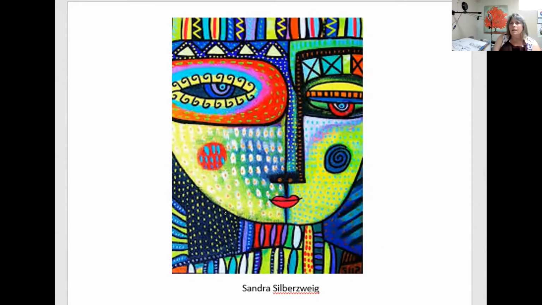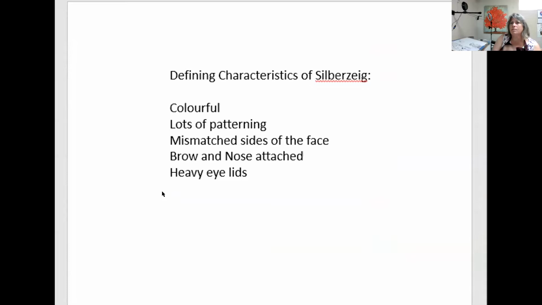Okay, but again, let's look at how we can simplify that so we can draw it easily. Actually, let's look at this. So the defining characteristics of Zilbersweig, I forgot the W in her name there: it's colorful with lots of patterning.